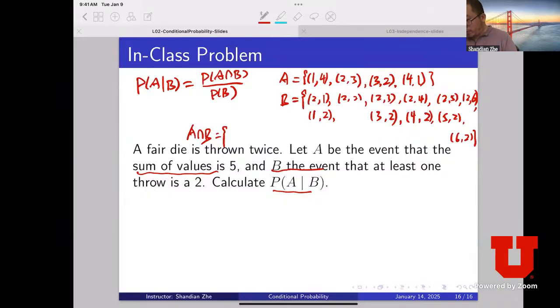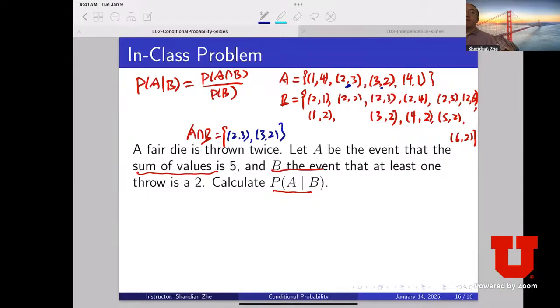If we just look at it, it will be here and here, because in all the other elements of A, you don't see 2, so that won't be possible inside B. So A intersection with B will be just 2, 3, and 3, 2.